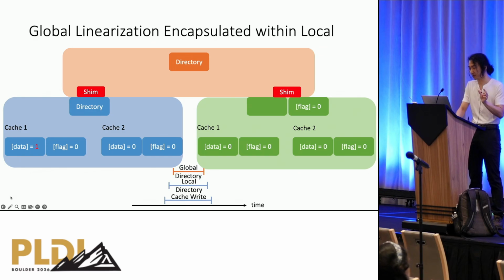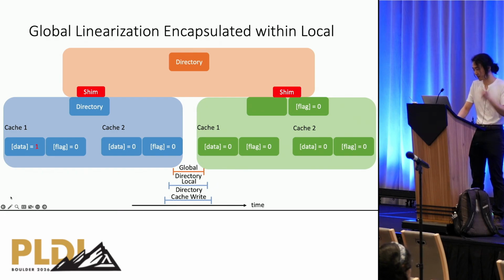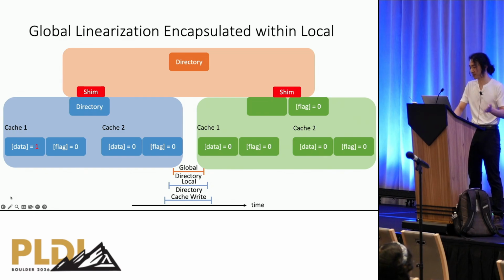And so the global linearization has to finish before the local operation completes. And then for two CPU writes, something like data and then flag, both are serialized across the cluster directory in that order. And because each global step is encapsulated within the local requests, the global linearizations occur in the same order. So in other words, when the local linearization occurs, it is carried over to the global order, and that is exactly what preserves the CPU's local order globally.